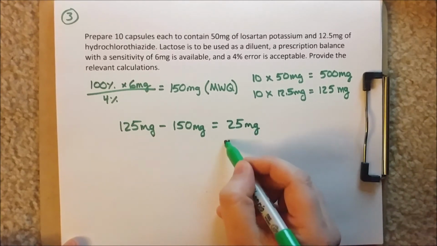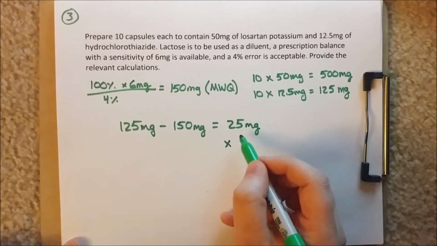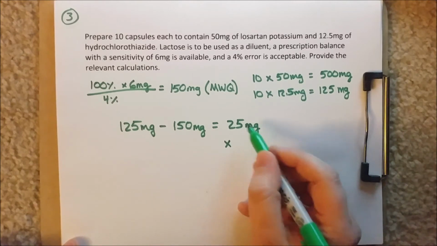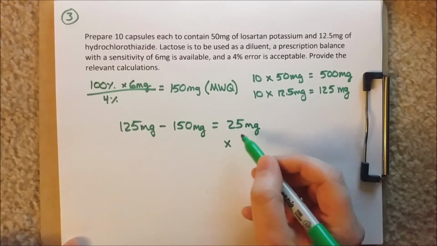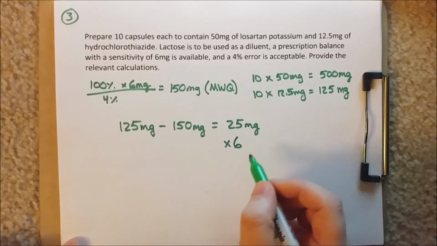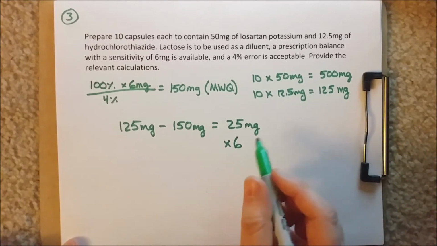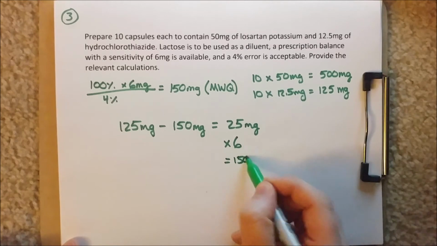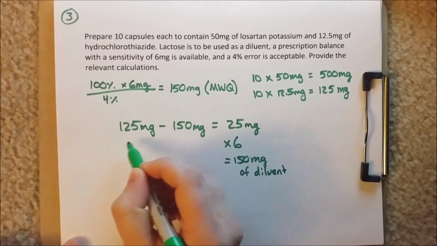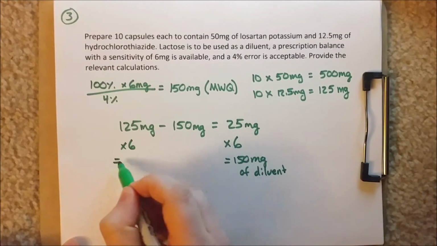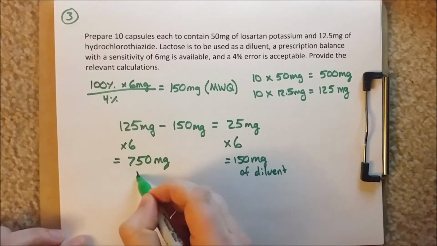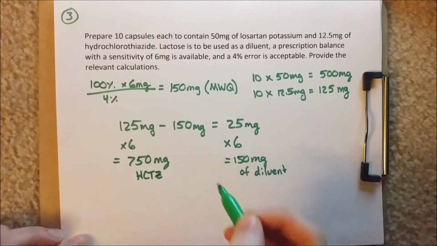So for this case, we are going to look for the diluent, which is less than our drug amount, and we'll find something that is both, but this is divisible by that, or a multiple, and multiply it by the same over here. For this, it will be 6. Our factor will be 6, and that equals 150 milligrams of diluent. Over here equals 750 milligrams of hydrochlorothiazide, HCTZ.